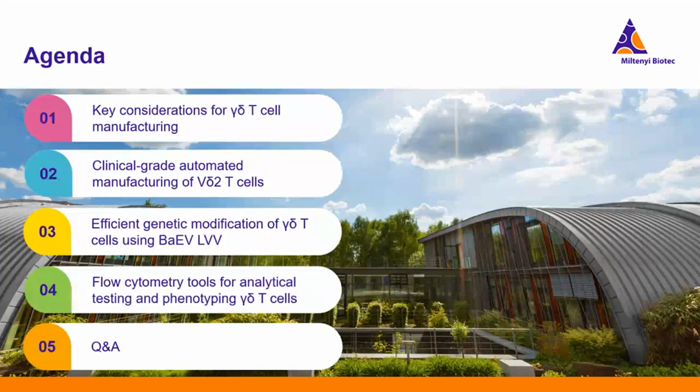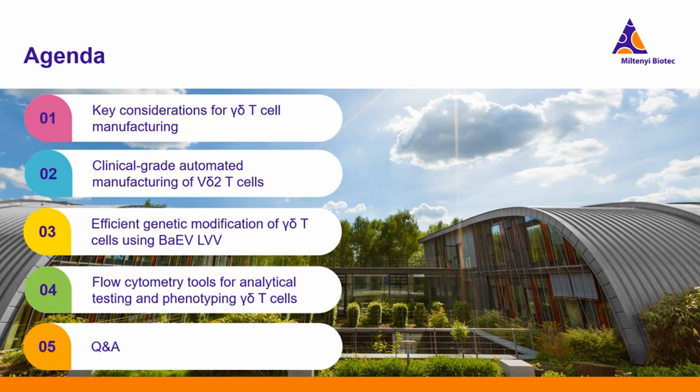Now, for this webinar session, we will go over different aspects about the manufacturing of gamma delta T cells. We will start discussing several key considerations when setting up manufacturing for gamma delta T cells.